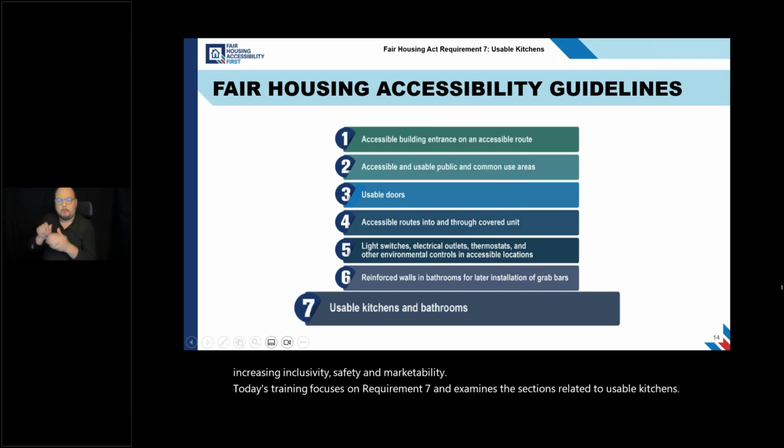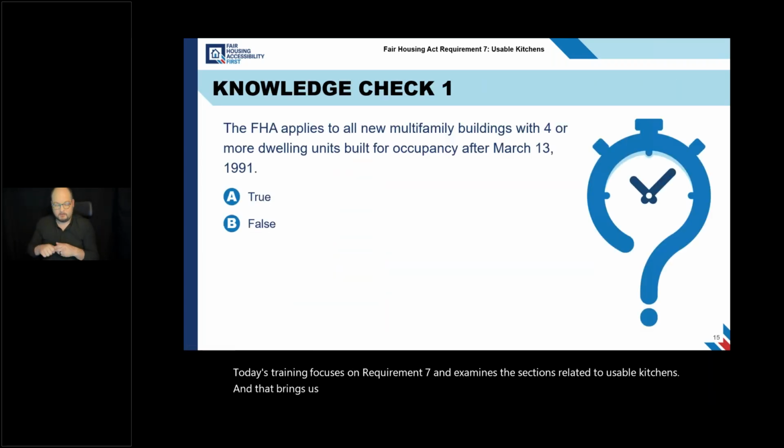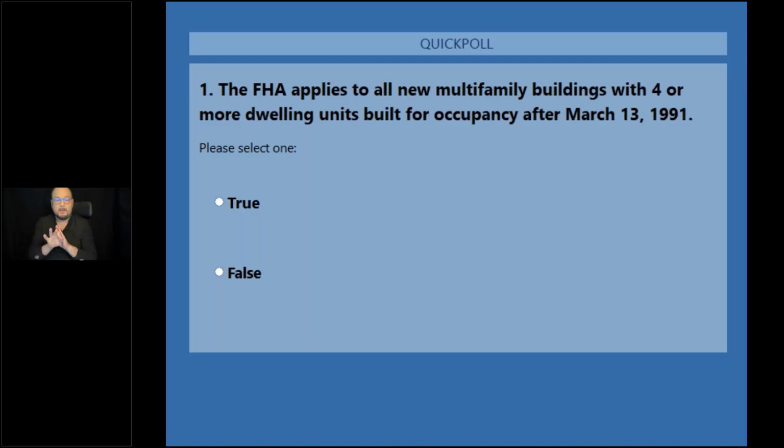And that brings us to Knowledge Check 1. And I'm going to launch this poll so that you can select the correct answer. Okay, so Knowledge Check 1 reads, the FHA applies to all new multifamily buildings with 4 or more dwelling units built for occupancy after March 13, 1991.